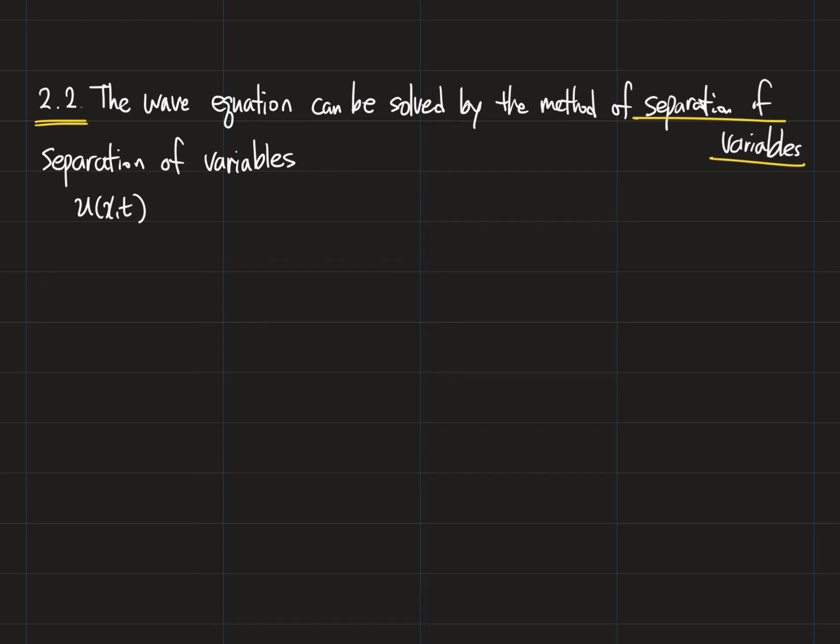How? We assume it can be factored into a product of two separate functions, each depending on only one variable: one function for the position x, and the other for time t.